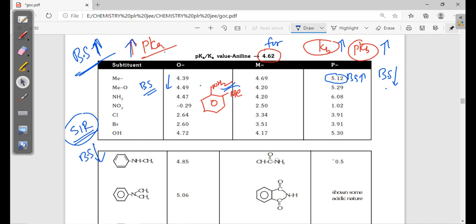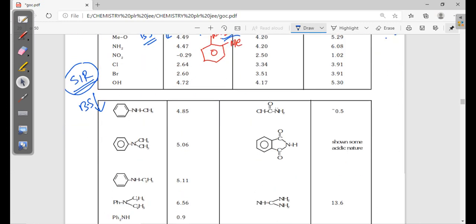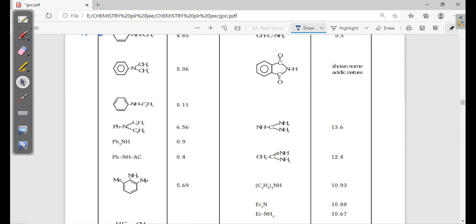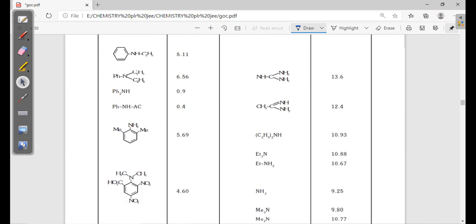That SIR effect is applicable only for the ortho position. Okay, if a big bulky group is there, then obviously least basic nature. You can see here, highest means highest, lowest means lowest, like that. So now you understood what Ka, pKa, Kb and pKb are.